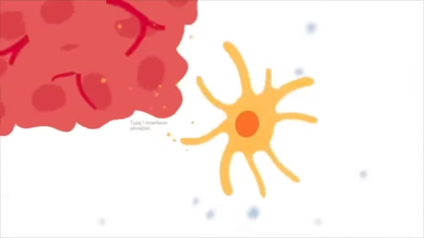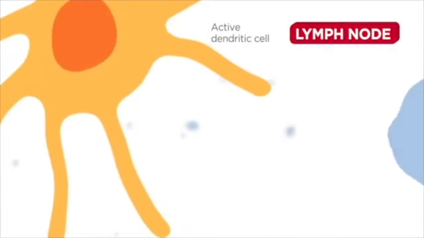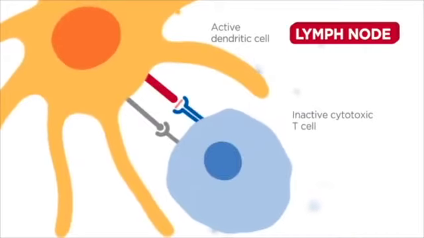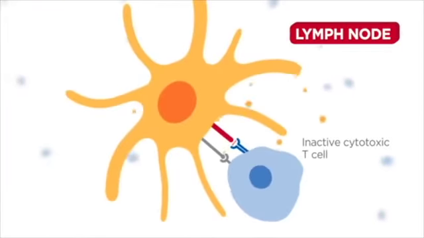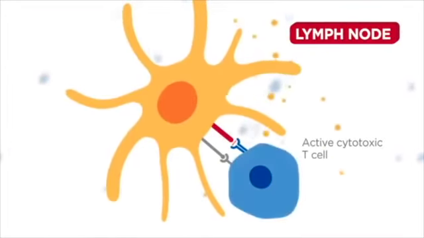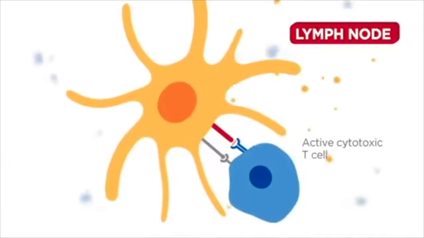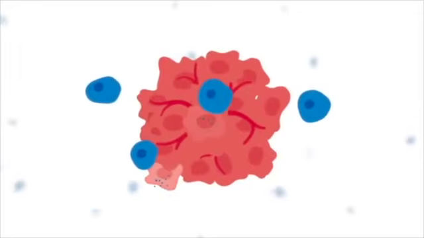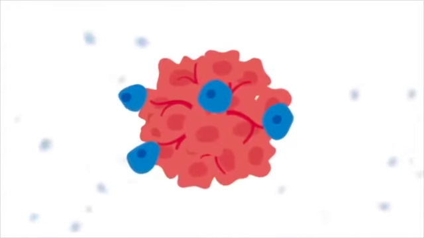Type 1 interferon activates immune cells, including dendritic cells that migrate to the draining lymph node, where they present antigens, leading to priming, education, and activation of cytotoxic T cells. Activated T cells are now able to find, infiltrate, and destroy the tumor cells.